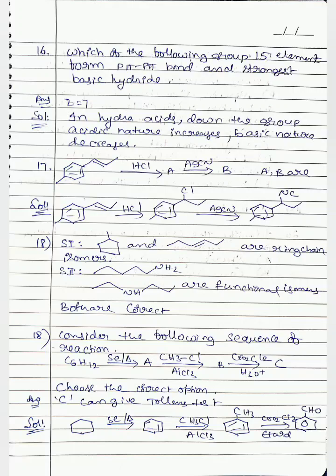Consider the following sequence of reactions and choose the correct option regarding C. So different statements they have given, but if we consider that reaction where the cyclohexane converts into benzene converts into toluene converts into benzaldehyde by Etard reaction, and where the benzaldehyde readily gives Tollens test but not the Fehling test, right? Benzaldehyde, the aromatic aldehydes, does not give positive test with the Fehling solution.